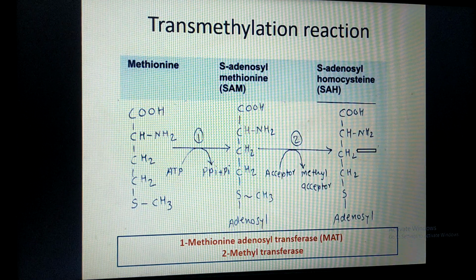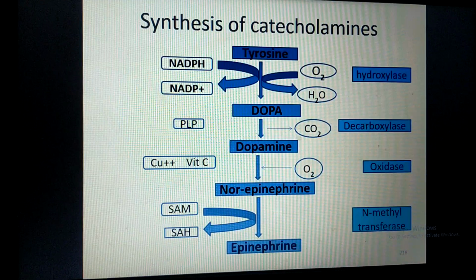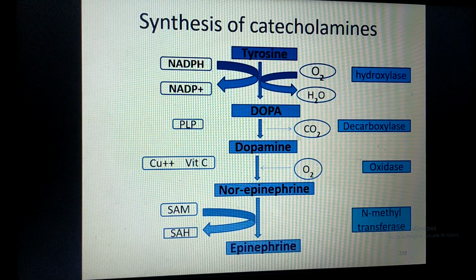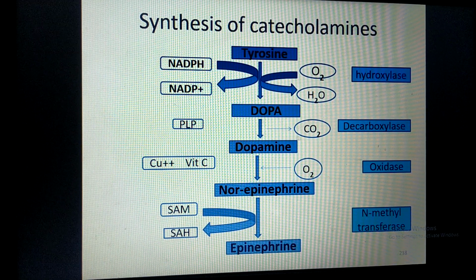So these are transmethylation reactions. Here norepinephrine acts as a methyl acceptor, which accepts a methyl group from S-adenosyl methionine and gets converted into epinephrine. And after removal of the methyl group, SAM is converted into S-adenosyl homocysteine. The enzyme is methyl transferase.